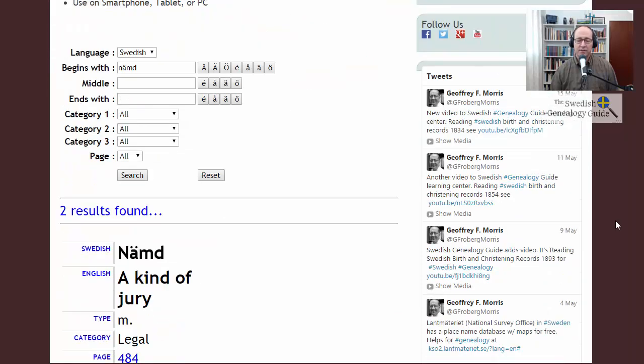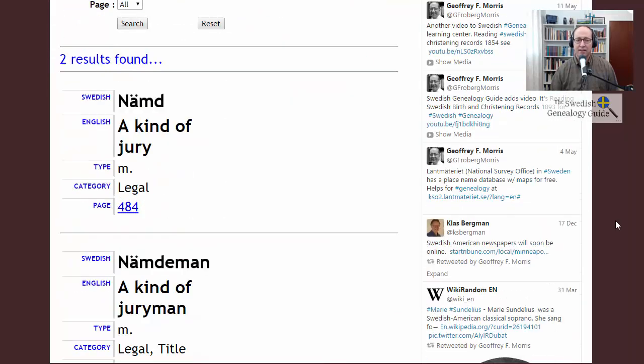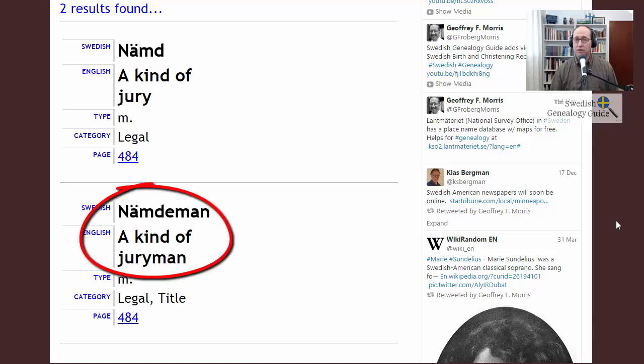I scroll down and I see here's a word that looks like it could be it. It's nämndeman. And nämndeman is referring to an assignment that this person had at the time, where he was serving on a local jury. Well, with that, we are done.